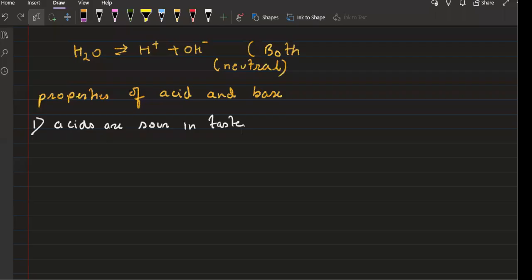So I can say that bases, whereas acids are sour, bases are bitter in taste. Bitter in taste.